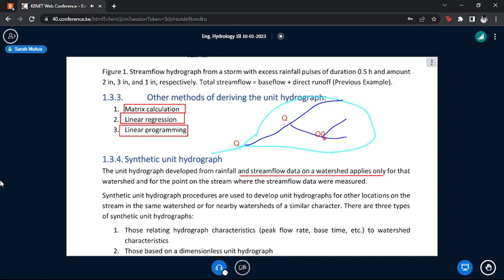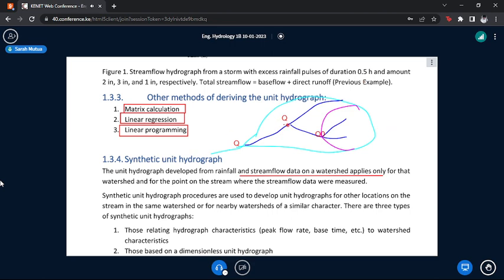Now, remember, the catchment for this point will probably be something like all this part up to the watershed boundary of the entire catchment.